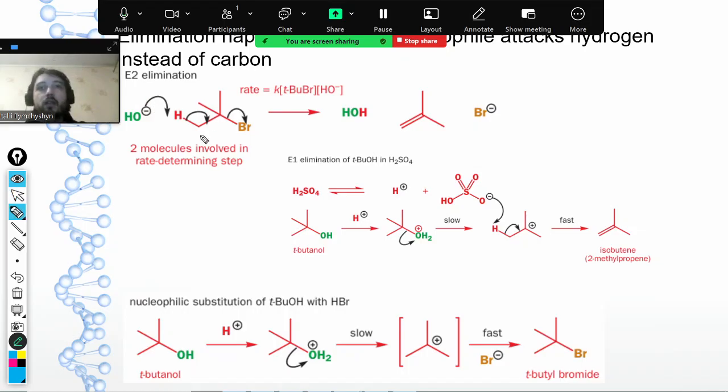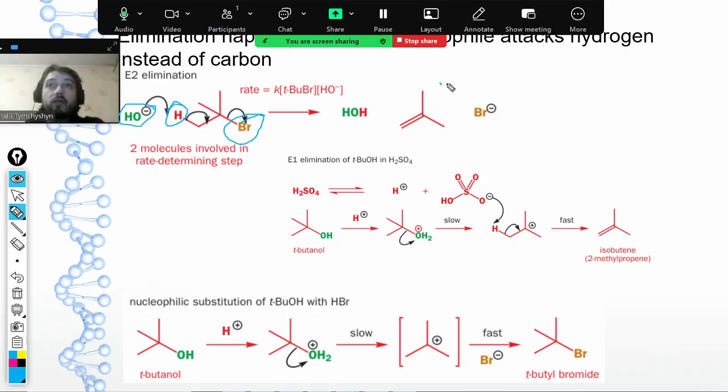This is the example of the E2 reaction. We have two molecules interacting, so we have some strong base that is abstracting a proton. Here you see how electrons flow, and this is the leaving group, so it goes away.